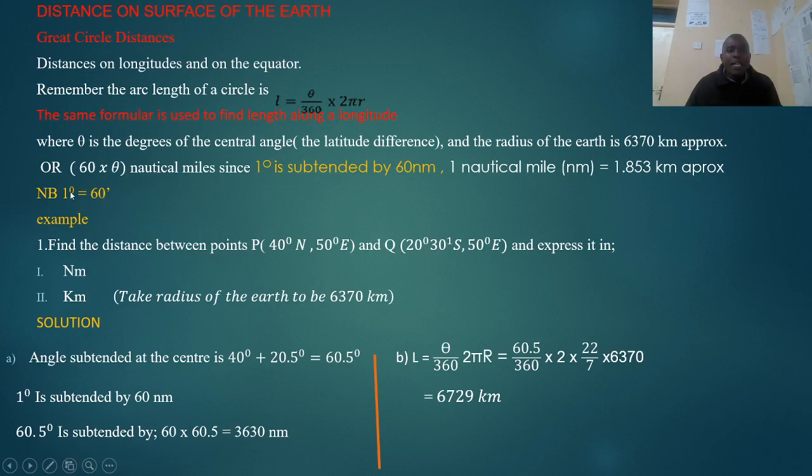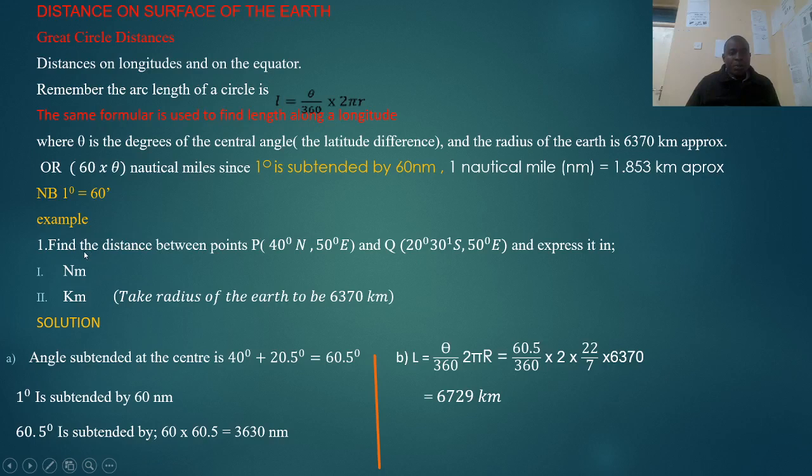And 1 degree is equal to 60 minutes. You need to know that in terms of angles, 1 degree is equal to 60 minutes. You should not get confused between this and when we talk about minutes when we talk about time later in this topic. In this case, 1 degree is equal to 60 minutes. So you need to note it.